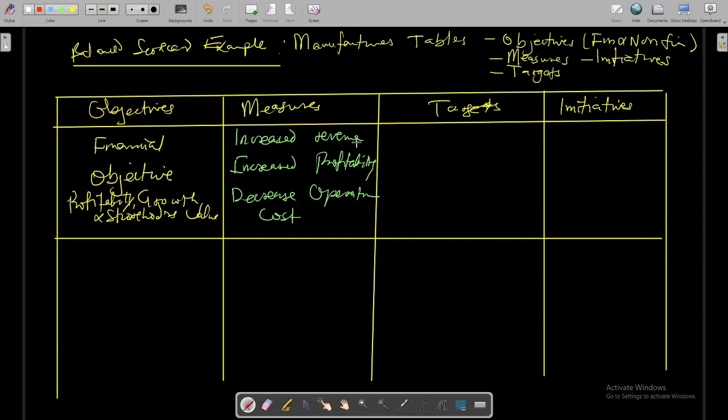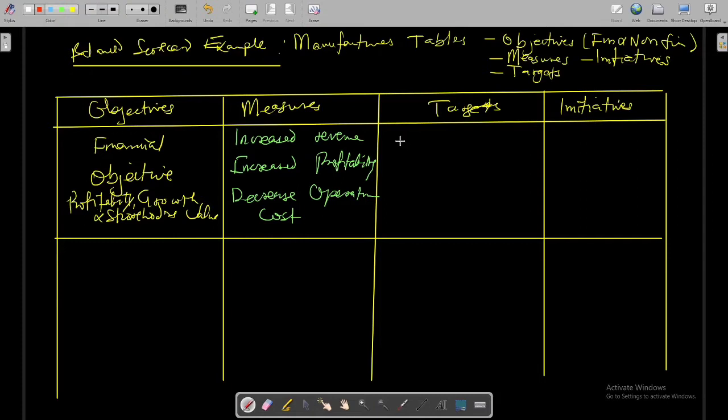Now, what target have you set for the increased revenue? What target are we setting? Target simply means, what do we want to achieve at the end of a period? Maybe at the end of the first quarter, at the end of the second quarter, the third quarter, or at the end of the full year, what do we intend to achieve as a manufacturer of tables?